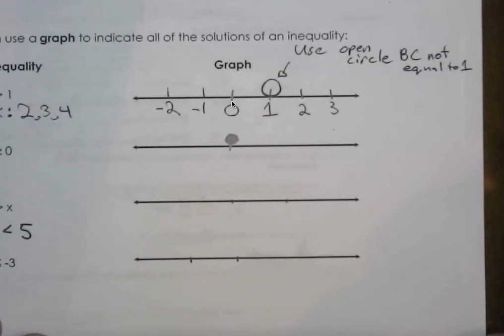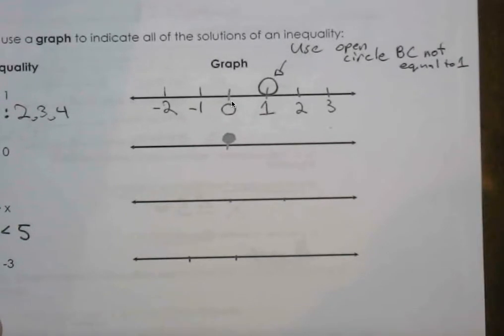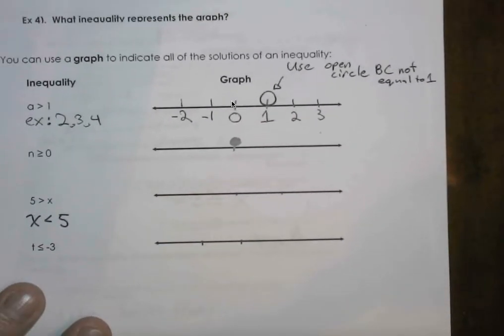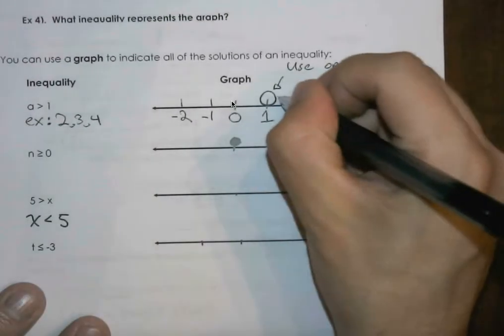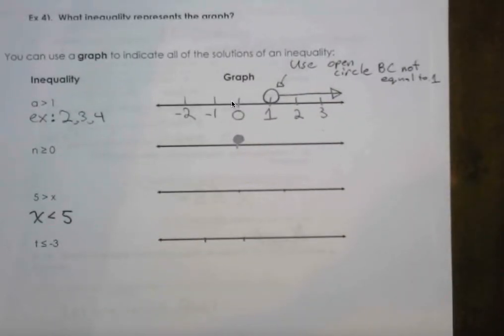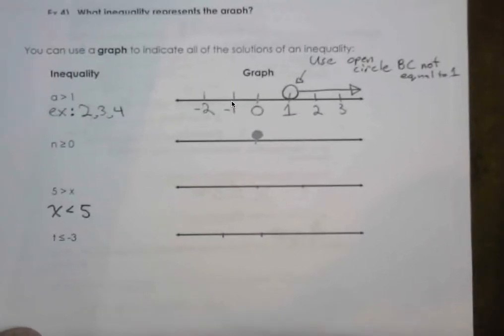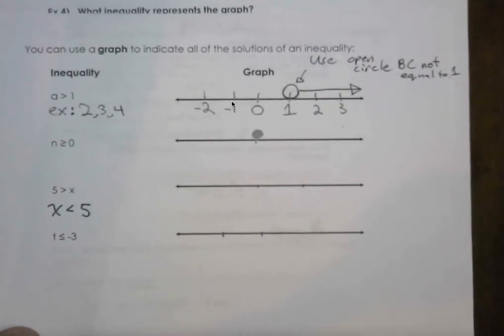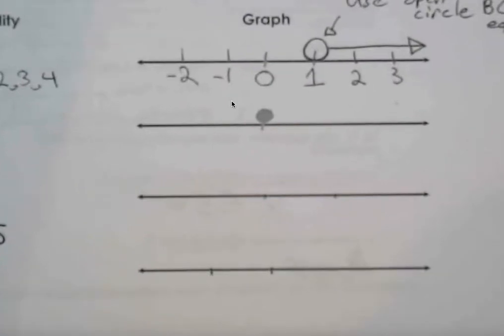So we see that. We're denoting all the values that are greater than 1. So we want to include, as we mentioned, 2, 3, and 4. So from here, we'll go and draw our arrow to the right. And we're done. You may want to take this time now, pause, try the next few if this seems easy.